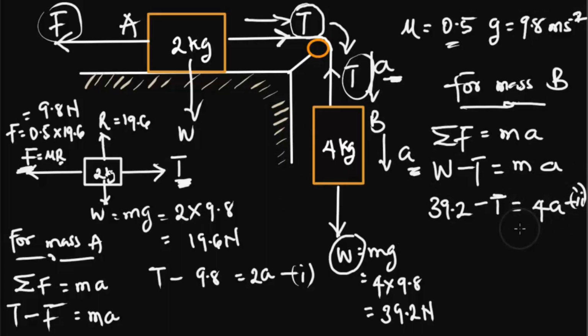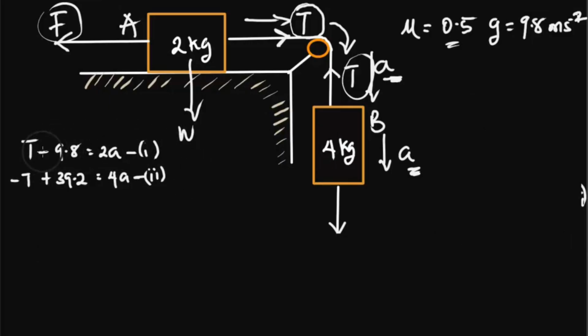Now we can solve our equations 1 and 2 simultaneously. For uniformity, let's rewrite this as minus T plus 39.2 equals 4A. Alright, so we have equation 1 and equation 2.